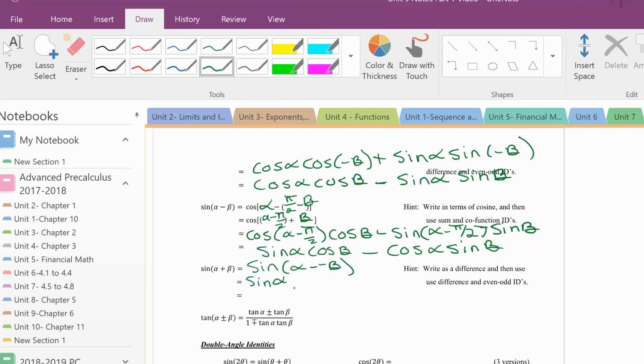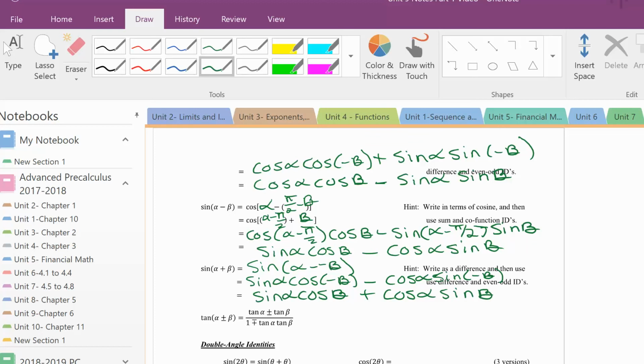So it's sine alpha cosine negative beta minus cosine alpha, or sorry, cosine alpha sine negative beta. So it'd be sine alpha cosine beta, because cosine is even. And then notice, because it's a minus and the sine is odd, it's going to turn into a plus. So cosine alpha sine beta. So there are the formulas for sine of alpha minus beta.